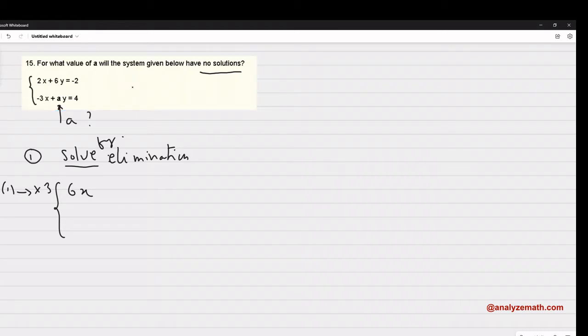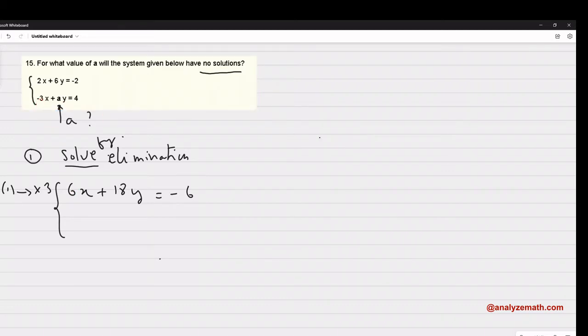So the second term will be plus 18y equal to negative 6. So 2x by 3, 6y by 3, and minus 2 by 3. Now the second one, I'm going to multiply it by 2, because this 6 with the 2 here, 2 times negative 3 gives me my minus 6.